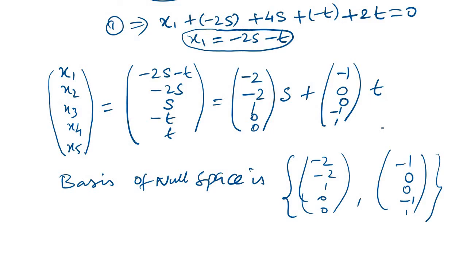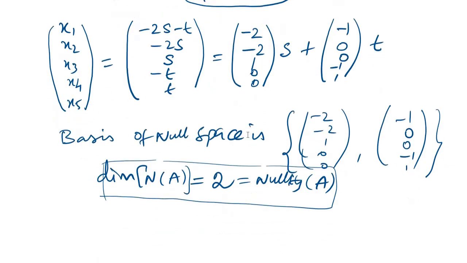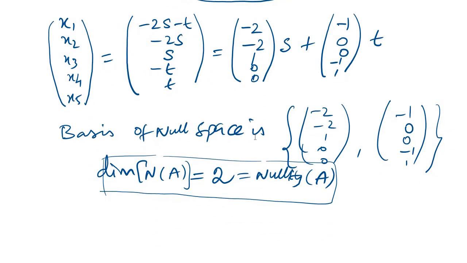This is the basis of the null space, and dimension of null space equal to 2, and we also call it the nullity of A. Nullity of A. So now we found the dimension of null space. The dimension of null space is nothing but the solution of the system of linear equations Ax equal to 0.